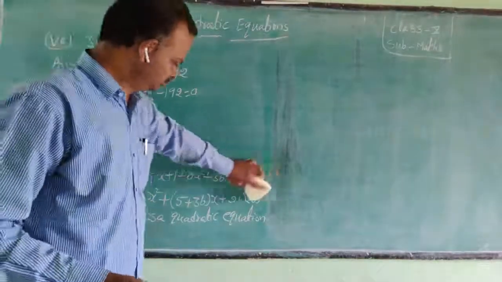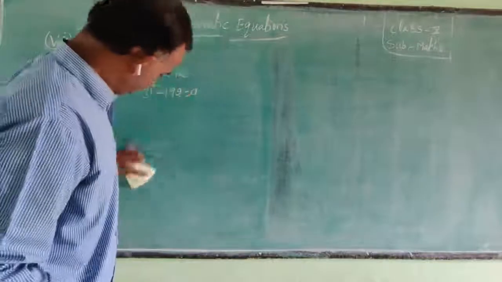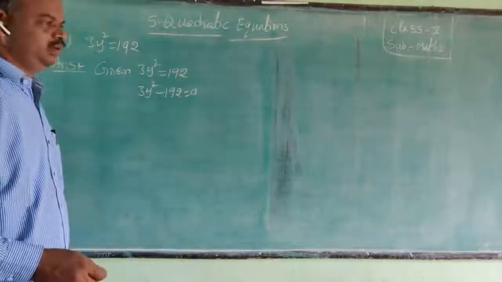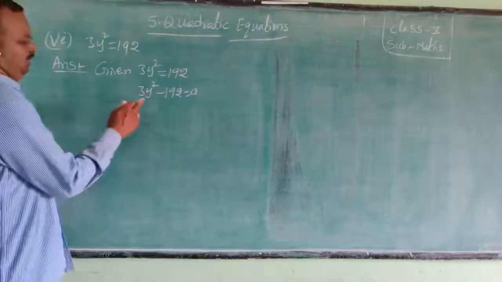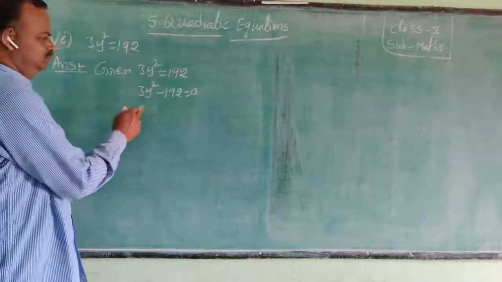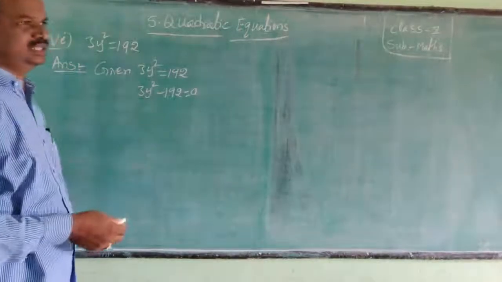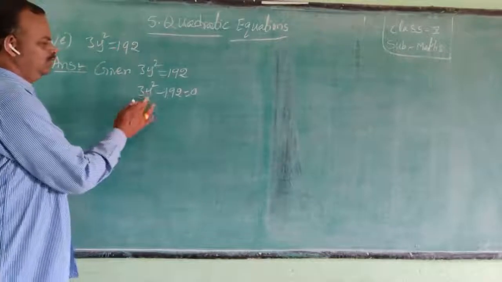Here the highest power is 2. Here the variable is y. In the previous sum the variable was x. In this one the variable is y.